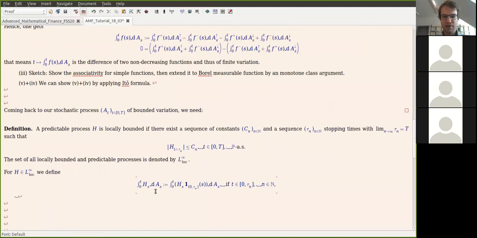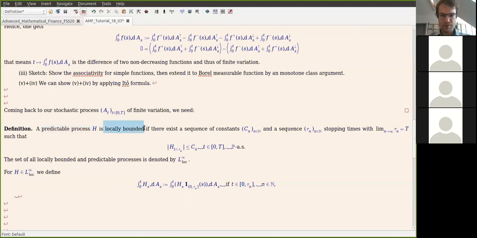So what we want to do now is apply this deterministic classical analysis theory to a stochastic process of finite variation. So that's actually what we have, and that was a bit imprecise in the lecture. So let me correct it a bit and restrict the class of integrands. We always had this predictability assumption, which we need for the integral with respect to the martingale.